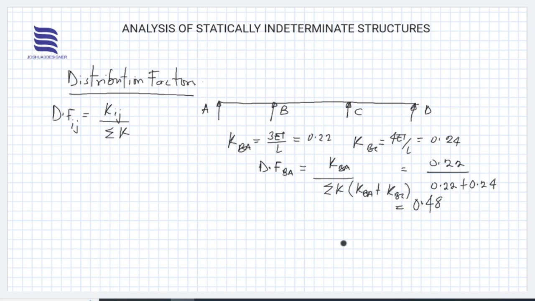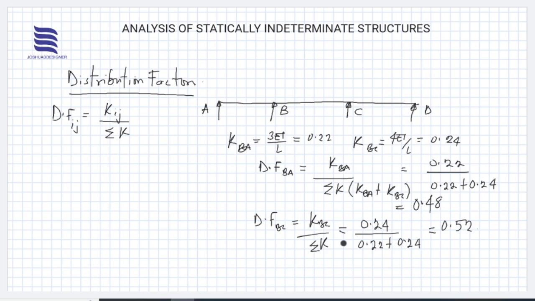So for the distribution factor of BC, if you're going to apply that, that will be KBC divided by the summation of K at that joint, right? So we have 0.24 for KBC divided by the summation of stiffness at that point. So that will give 0.52.